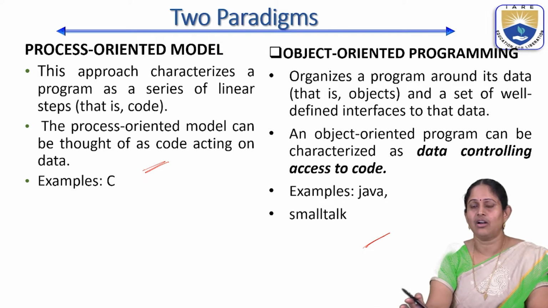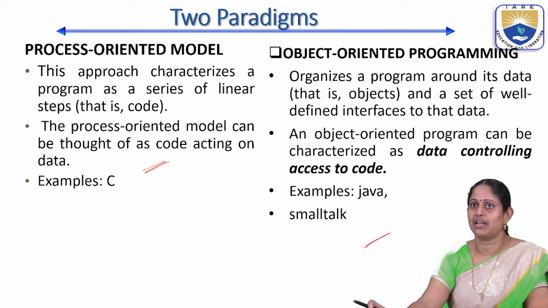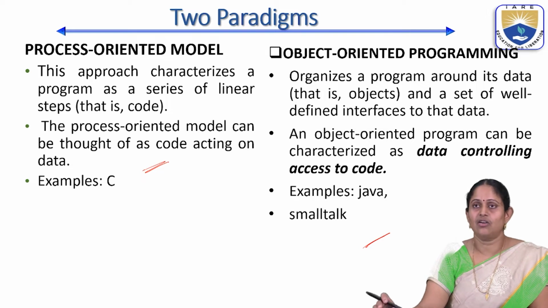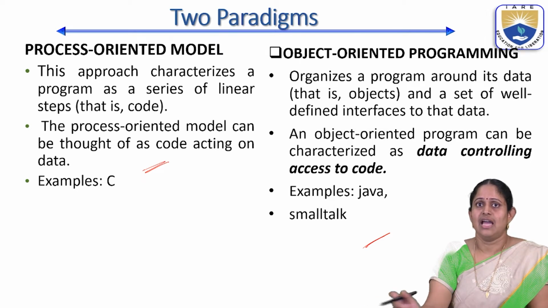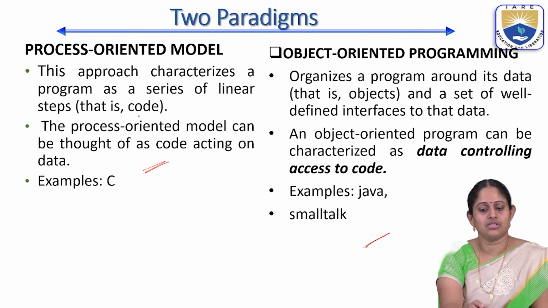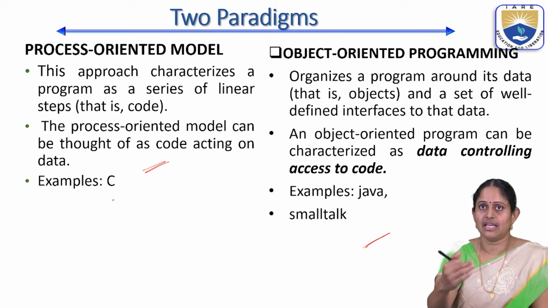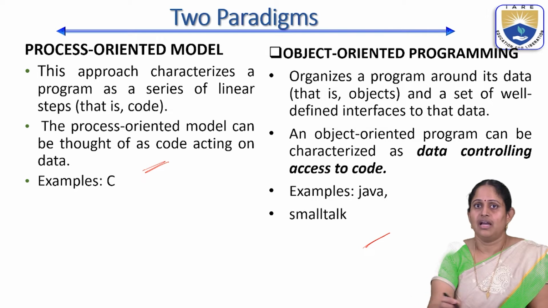So all the data and the members of the program will be enclosed in a class. But in process-oriented programming, they are mainly executed in a linear form.